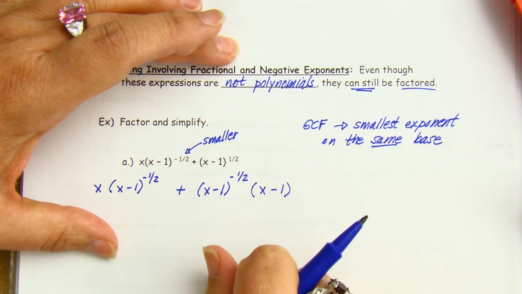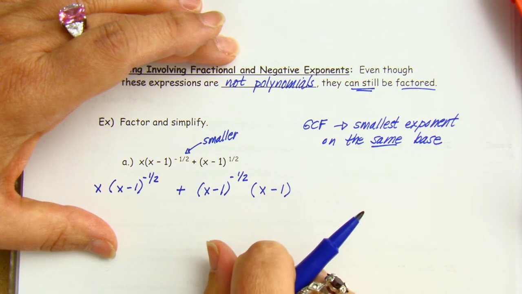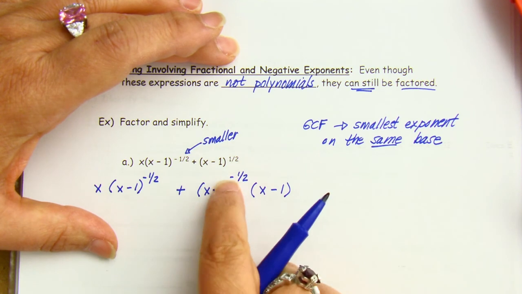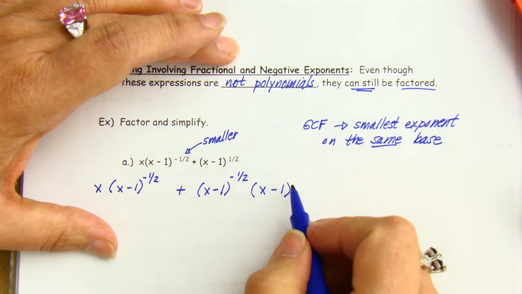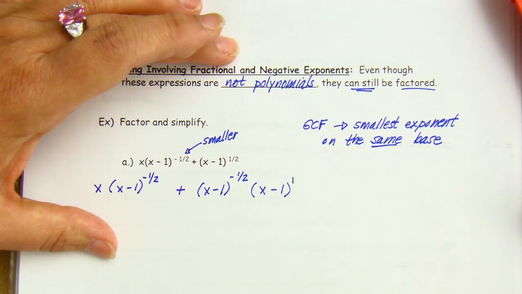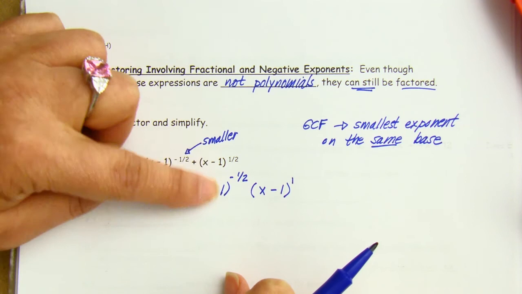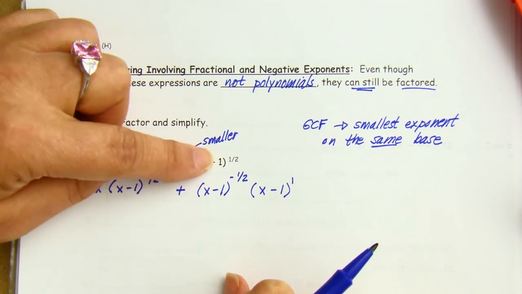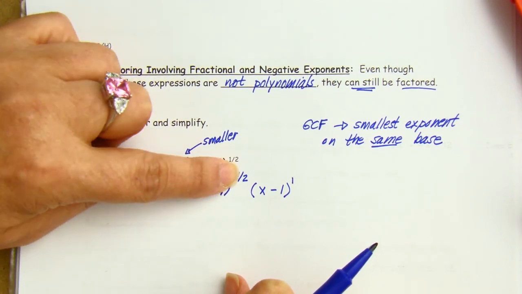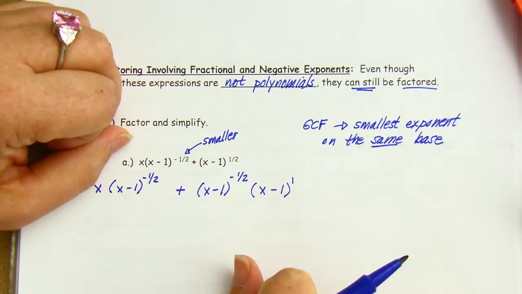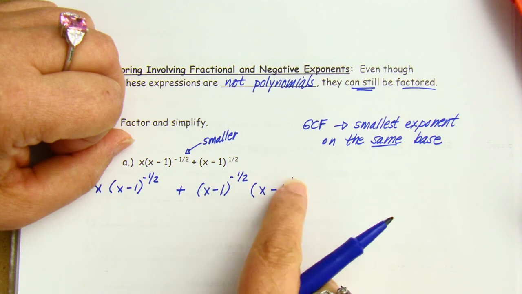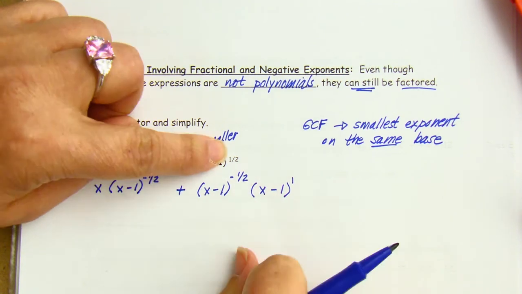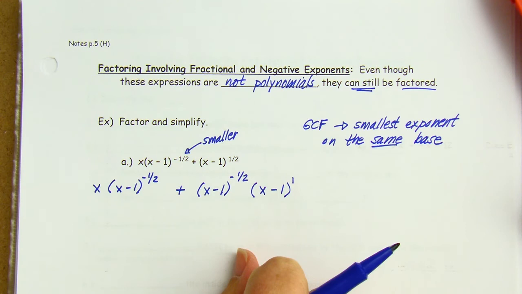Or you can subtract exponents because we are dividing. 1/2 subtract negative 1/2 is really 1/2 plus 1/2, which is 1. Or, by the property of exponents with multiplication, you add the exponents: is negative 1/2 plus 1 positive 1/2? It is. Now I'm ready to factor out my GCF.